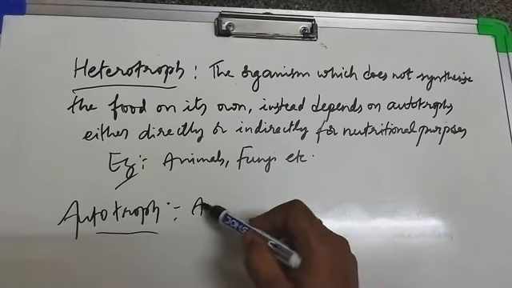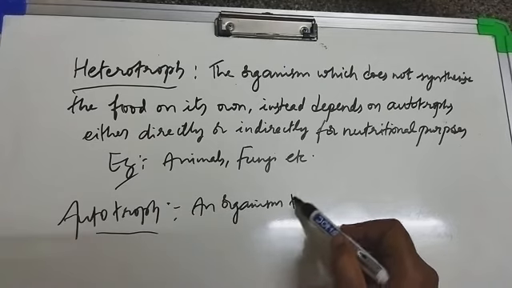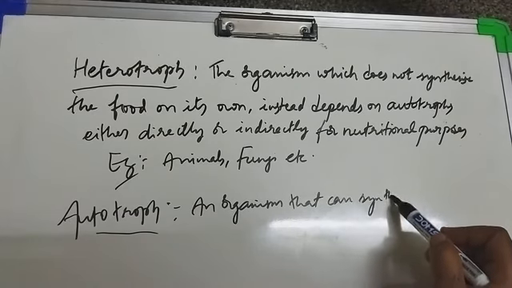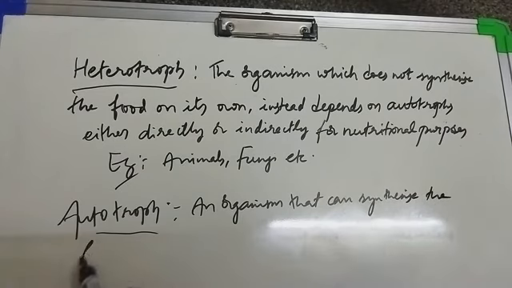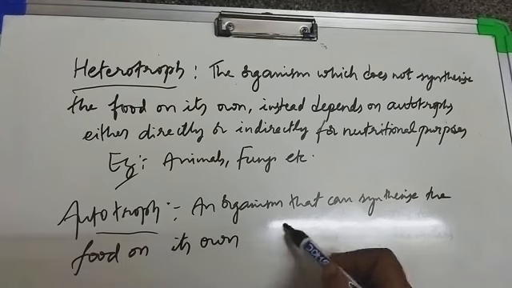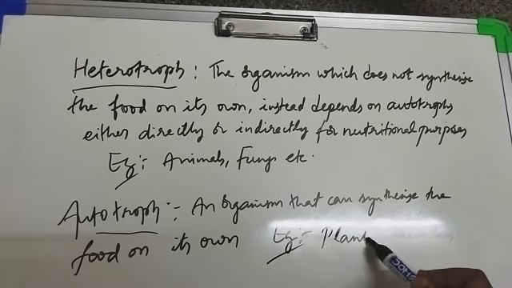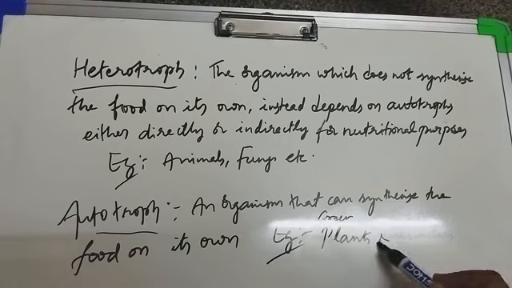An organism that can synthesize the food on its own is known as an autotroph, for example, green plants, especially green plants, and what else?